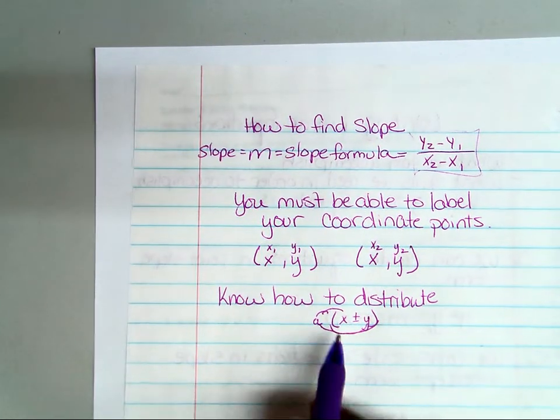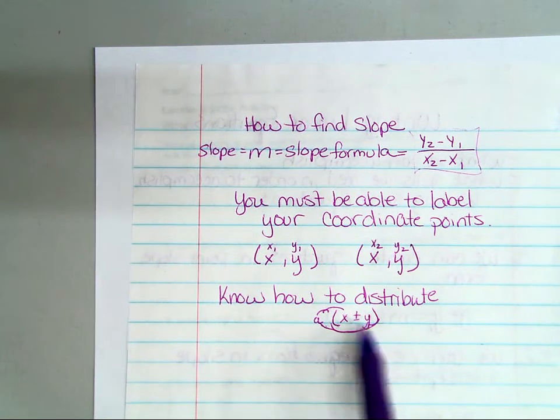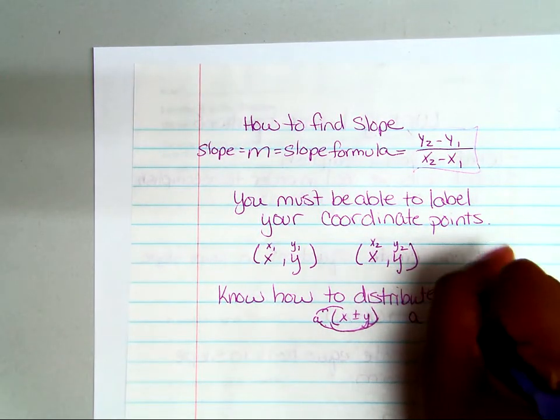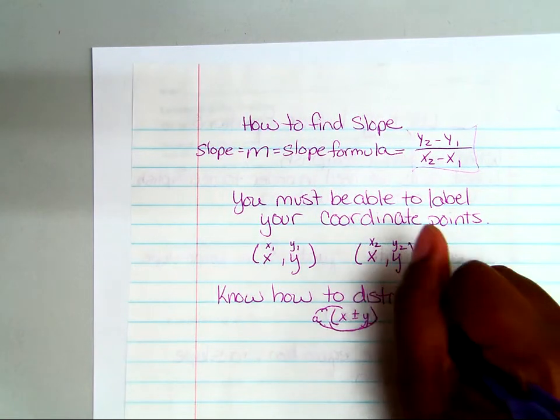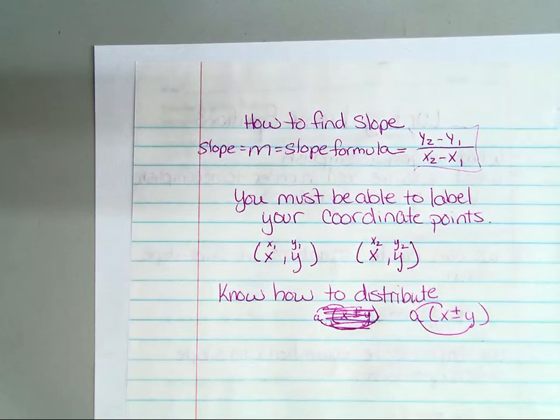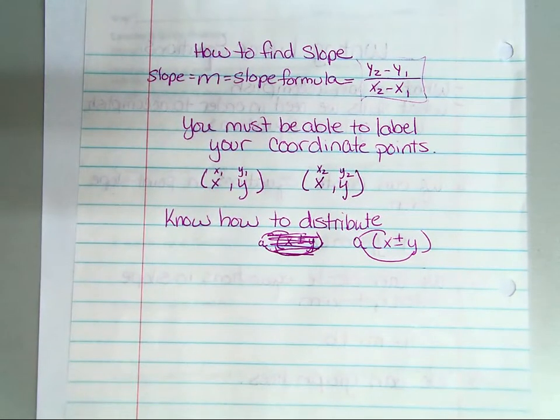Okay? Don't get confused by the letters, because I use a variable when I don't know the number. So I just threw some letters in there until you throw some numbers in there. It's just the same process. I'm going to write that again. A times the quantity of X plus or minus Y. Wink and a smile. Okay? Know how to distribute. Know how to subtract.